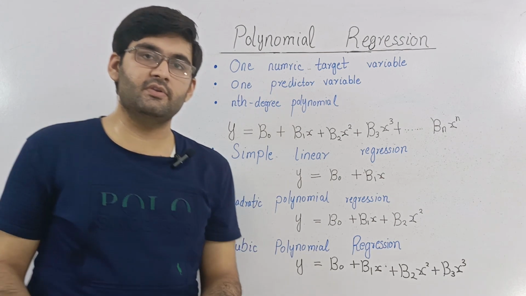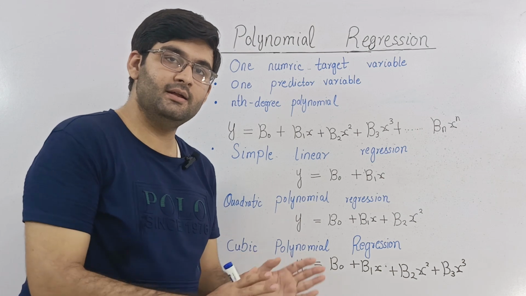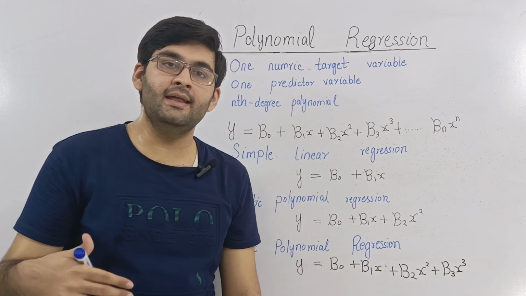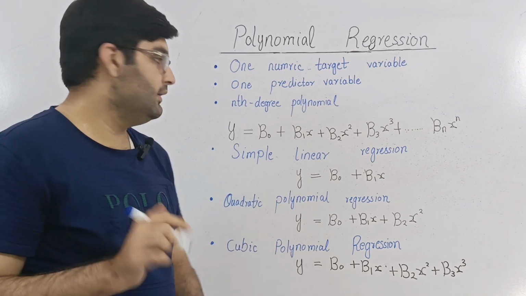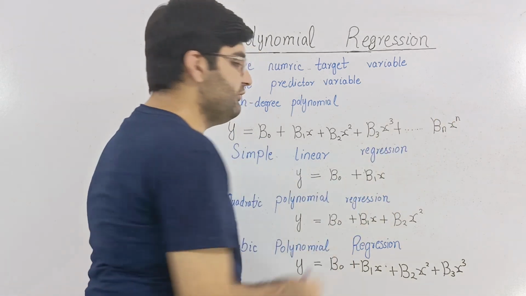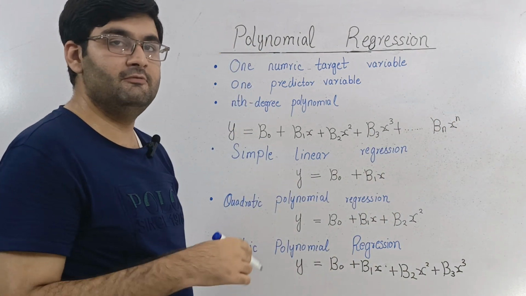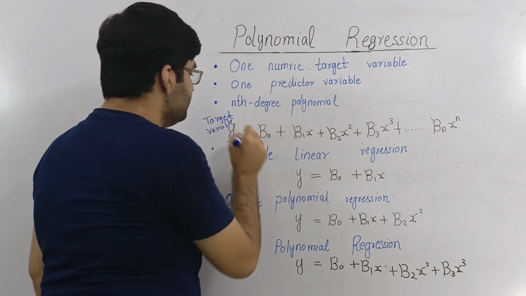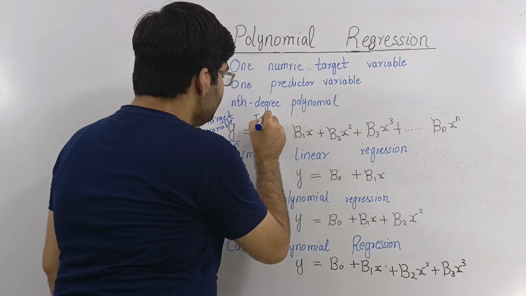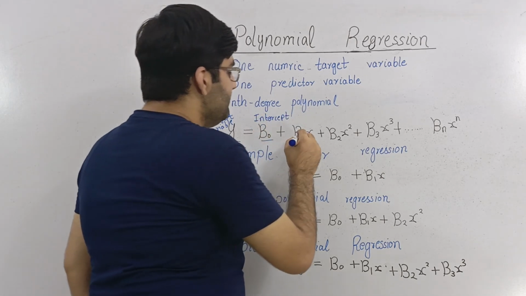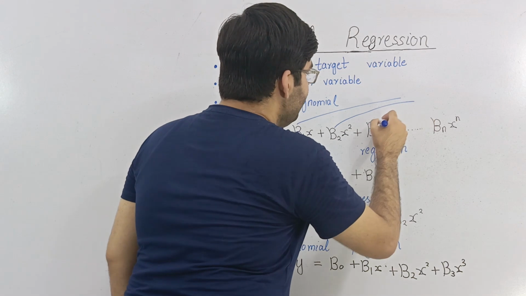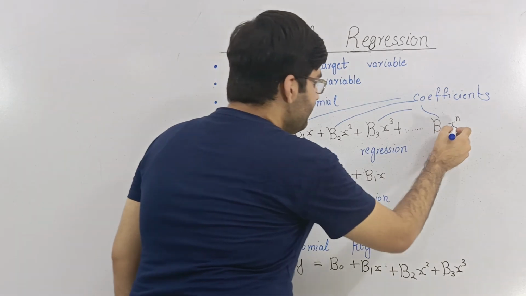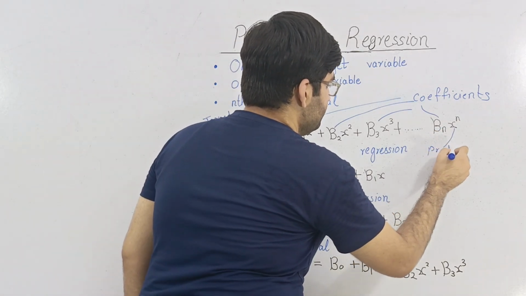Polynomial regression models the relationship between one numeric target variable and one predictor variable using an nth degree polynomial. This is the generic equation of polynomial regression, where y is the target variable, beta 0 is the intercept, beta 1 to beta n are the coefficients, and x is the predictor variable.